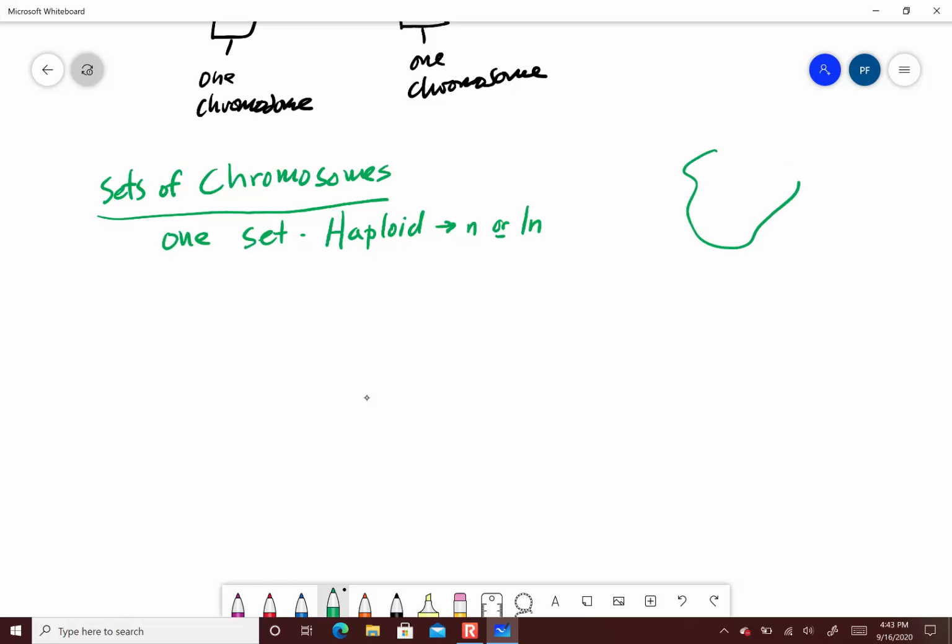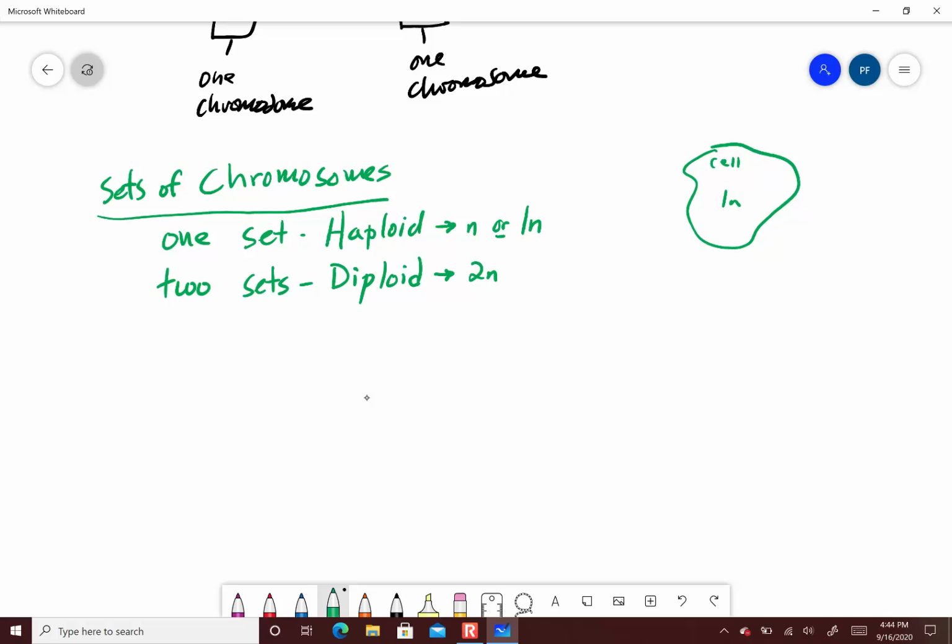So like if we had this cell over here and we're talking about it and we say, here's some cell we're looking at, and inside this we see 1N, that's telling us the cell we're looking at is haploid, which means it's got one set of chromosomes. The other common thing is two sets. And two sets is called diploid. And diploid is represented as 2N. Right, so one set haploid, two sets diploid, 1N or 2N.